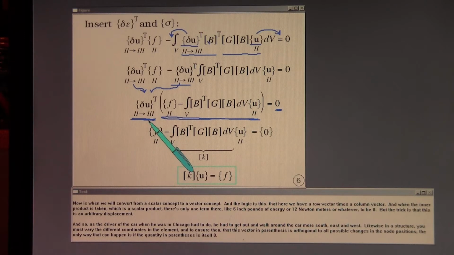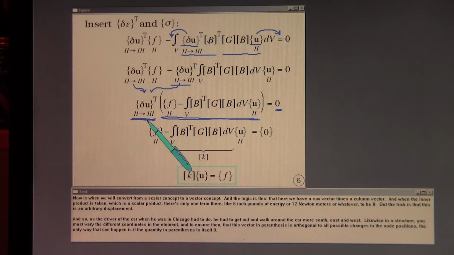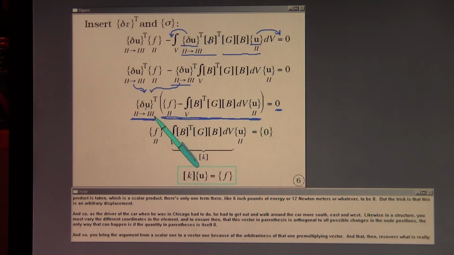And so as the driver of the car when he was in Chicago had to do, he had to get out and walk around the car, north, south, east, and west. Likewise, in a structure, you must vary the different coordinates in the element, and to ensure then that this vector in parentheses is orthogonal to all possible changes in the node positions, the only way that can happen is if the quantity in parentheses is itself 0.